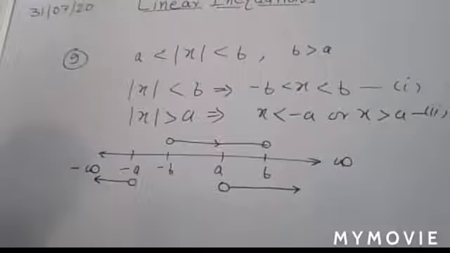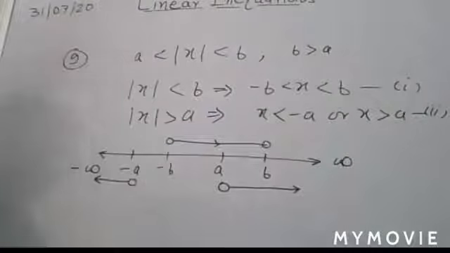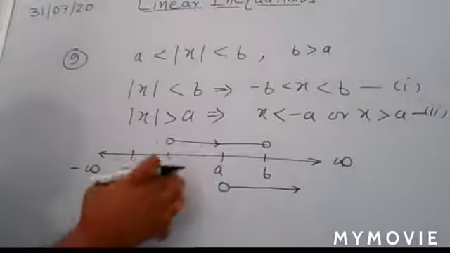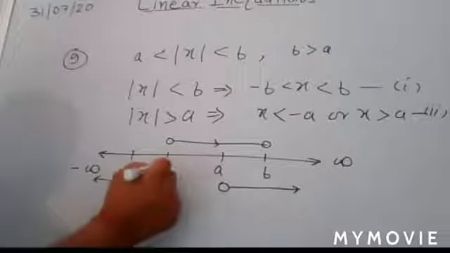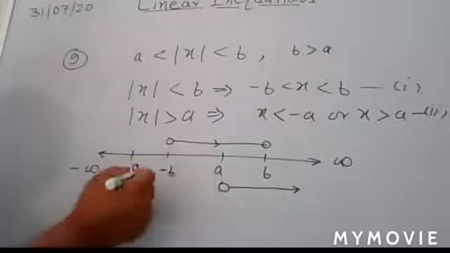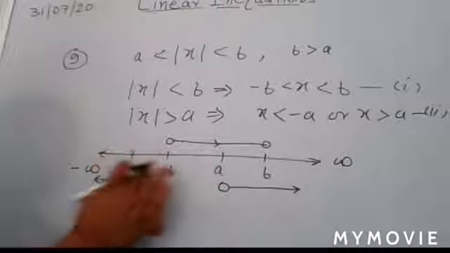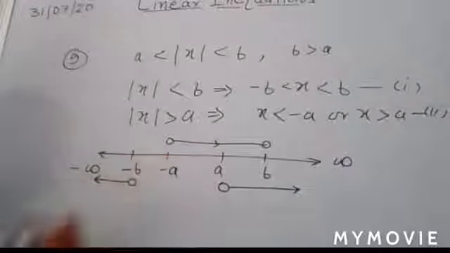So if b is bigger, then minus b will be smaller. Sorry, minus b is lesser, so you write in this way. Minus b is there, and here you write minus a.